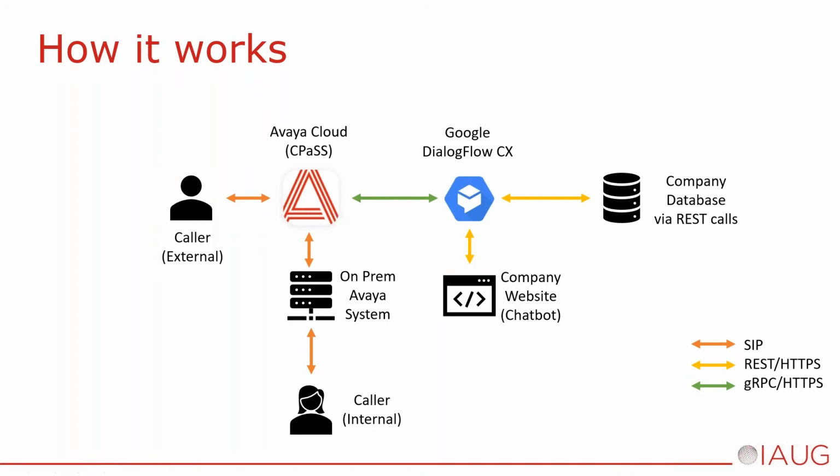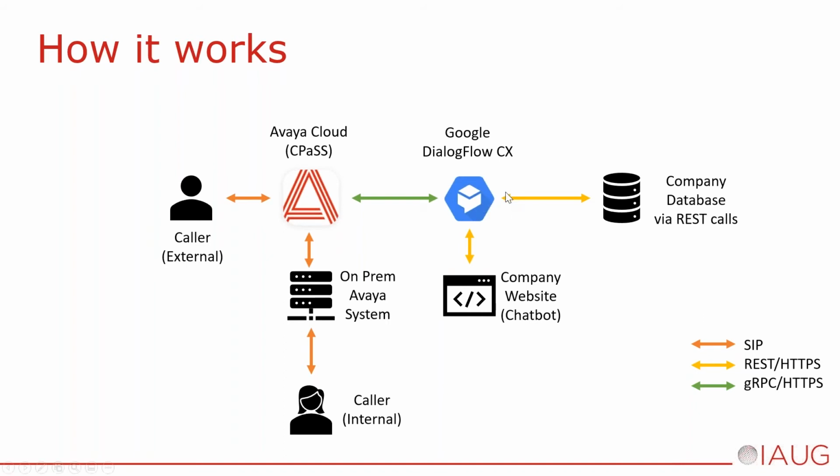In the background, the Avaya CPaSS then connects up to Google Dialogflow CX using a protocol known as gRPC. Then there's the programming that's actually done within Google Dialogflow CX. That provides all the voice utterances and all the language understanding going back and forth.